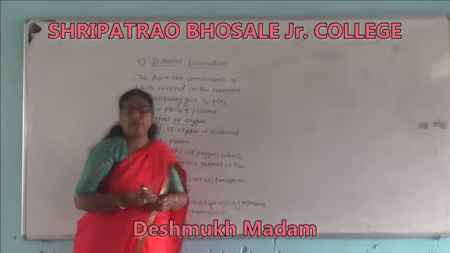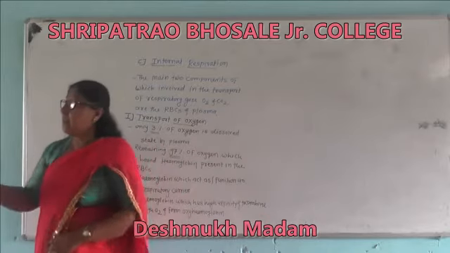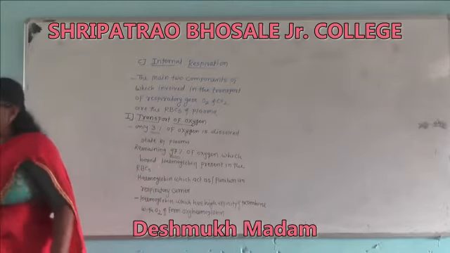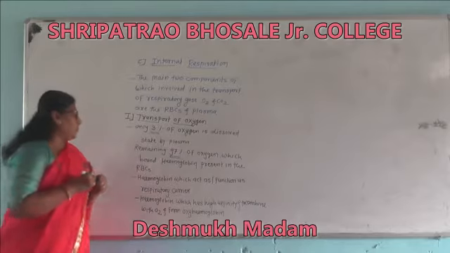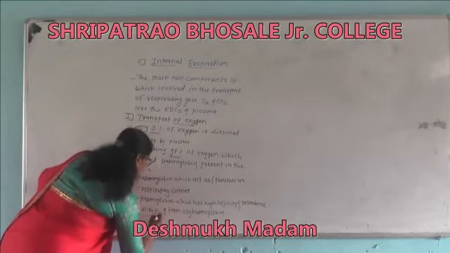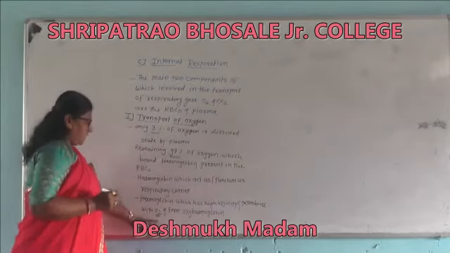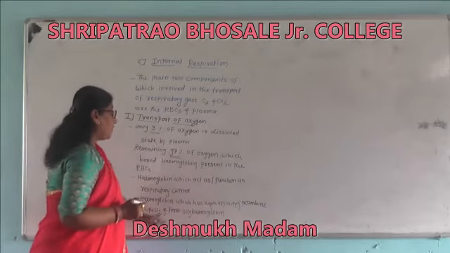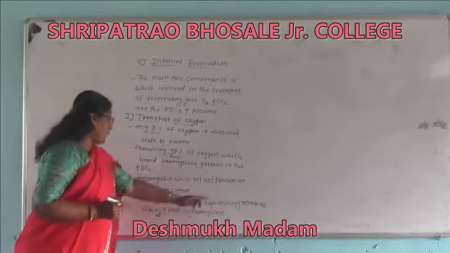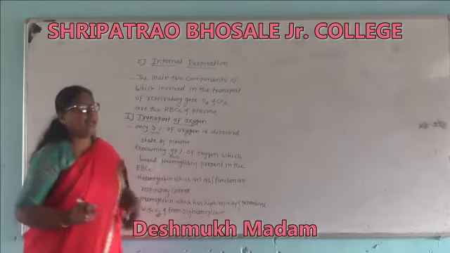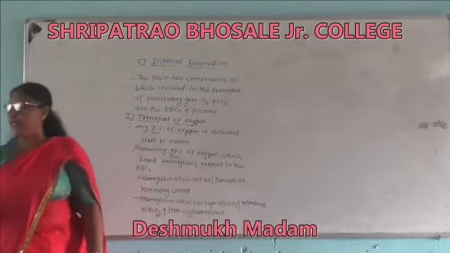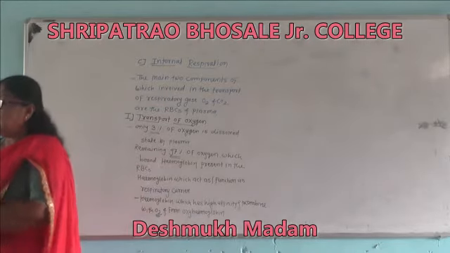Hemoglobin has a high affinity for O2. Hemoglobin combines with O2 and forms oxyhemoglobin.